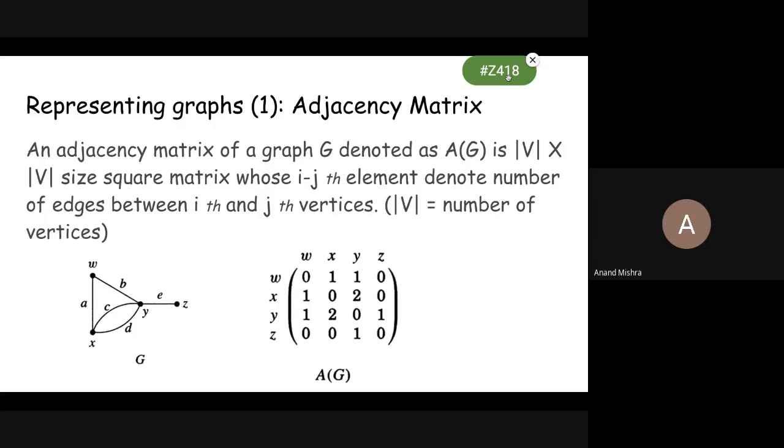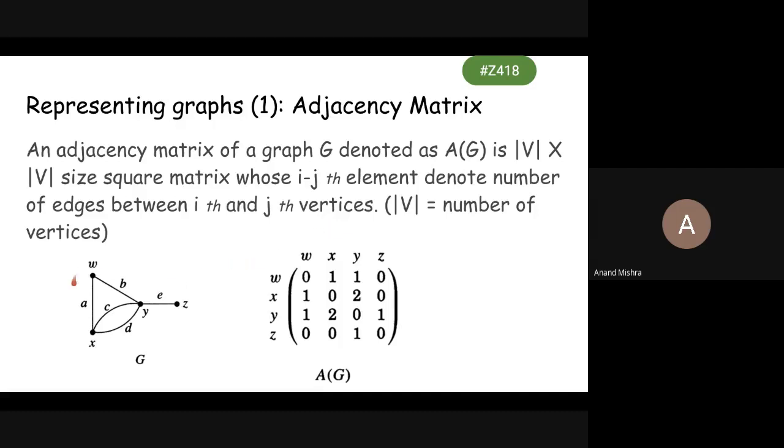The adjacency matrix of a graph G is denoted by A of G. The size is the number of vertices by number of vertices, a square matrix, whose ijth element denotes the number of edges between the ith and jth vertices. If it is a weighted graph, it denotes the weight, or it can be the number of edges between them. It depends on how you are trying to represent.